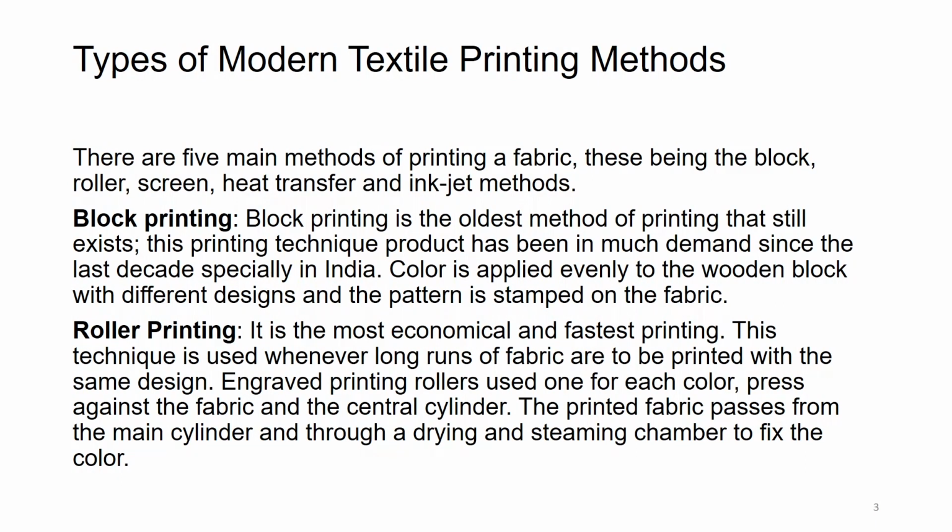Engraved printing rollers, one for each color, press against the fabric and the central cylinder. The printed fabric passes through the main cylinder and through a drying and steaming chamber to fix the color in just one go. So, in roller printing, the printing is taking place, the heat drying is taking place, and even the steaming chamber is there to fix the color.